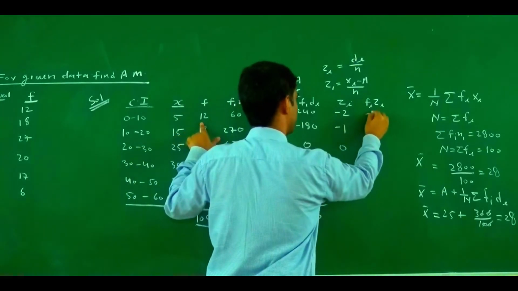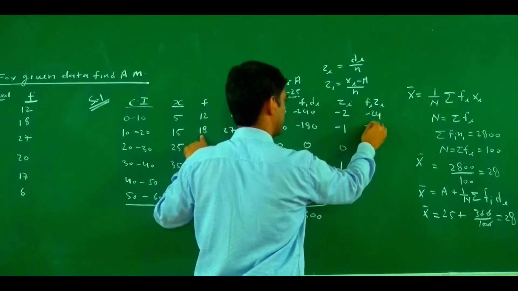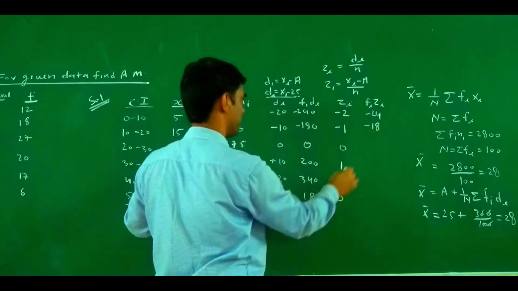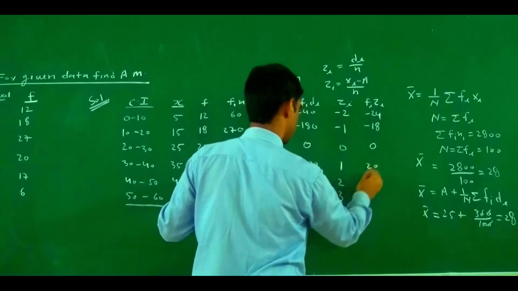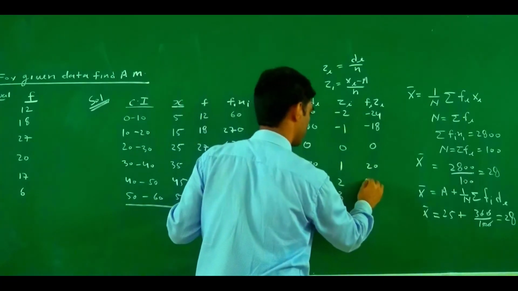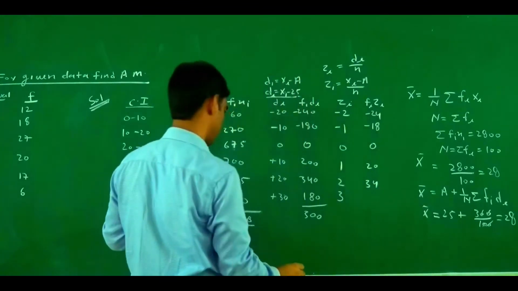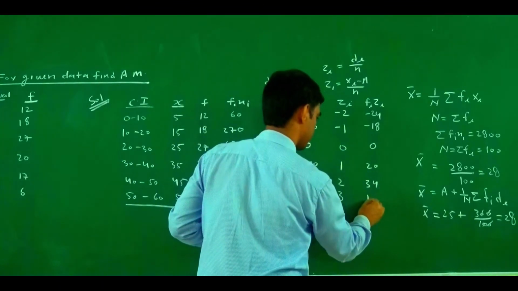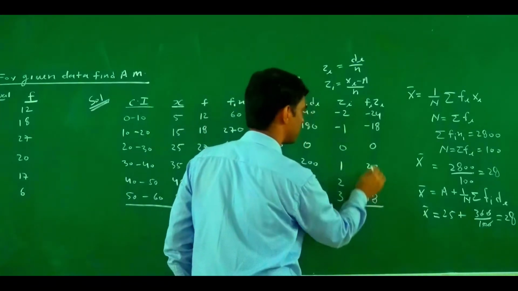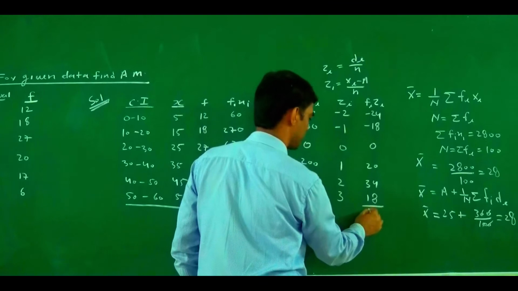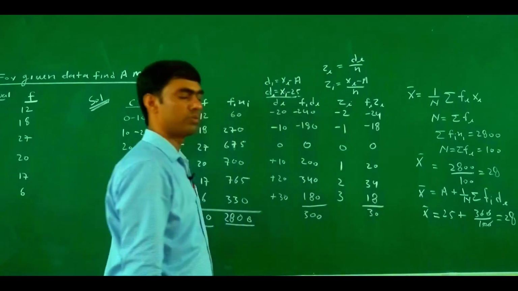This becomes minus 24, this becomes minus 18, this becomes 0, this becomes 20, this becomes 34, and this becomes 18. So what is the sum for this one? The sum is 30.